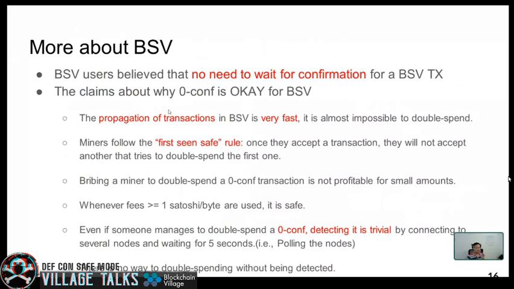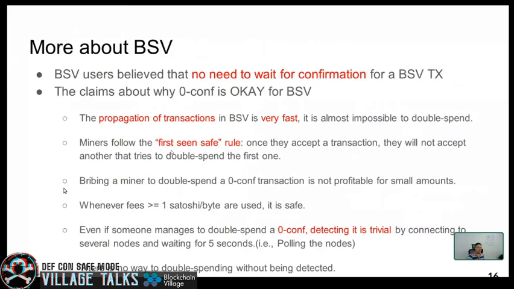So these are the claims about why zero confirmation is okay for BSV. The most important thing, from my point of view, is that they believe that the propagation of transactions is very fast, and that miners follow the first-seen-safe rule.